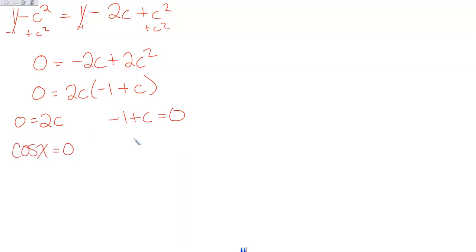Add 1 to both sides, I'm going to get the cosine of x equals 1. So we're finding our values where the cosine is 0, and that is going to be pi over 2 and 3 pi over 2. And where my cosine is 1 is x equals 0. So then we're going to go ahead and check for extraneous solutions.